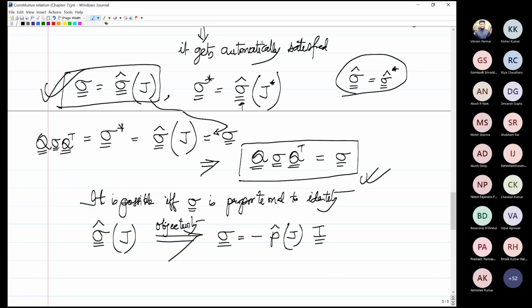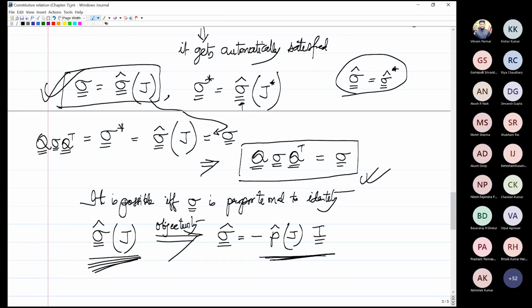So this is coming from objectivity, which says that if we are assuming that the constitutive function for sigma hat only depends on J, then objectivity implies that function must be of this form. So sigma hat must be of this form.